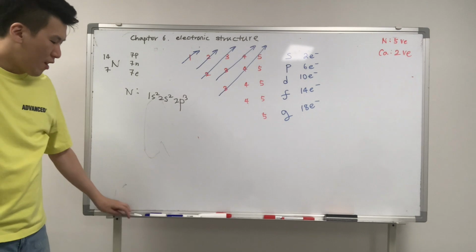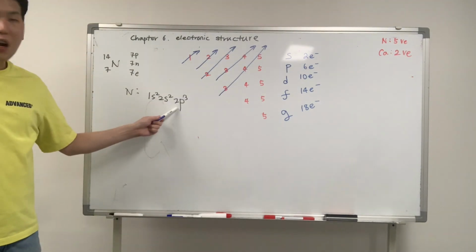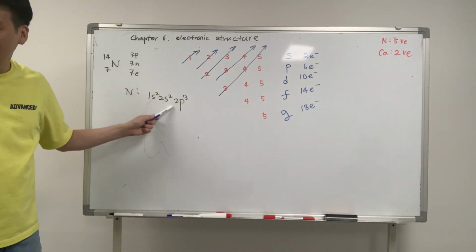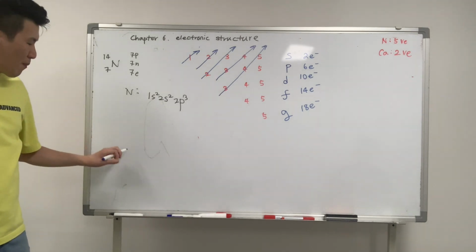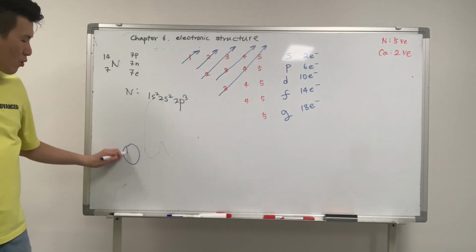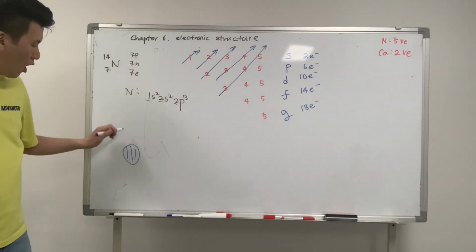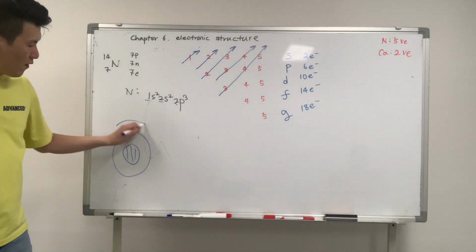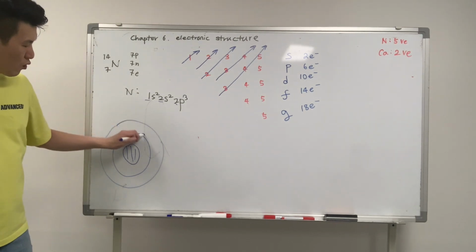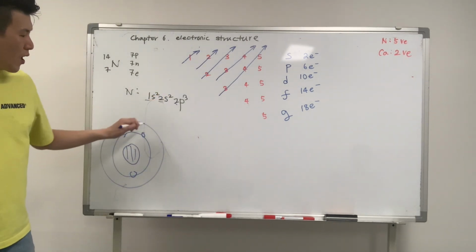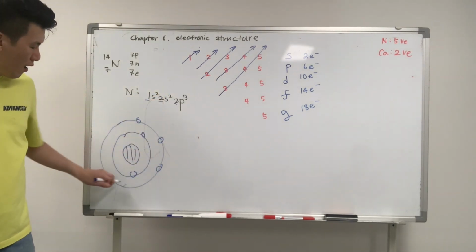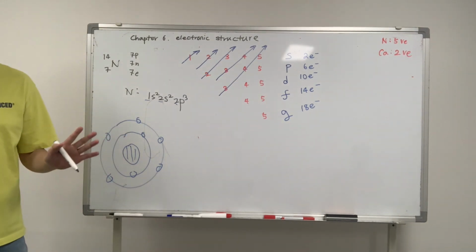Why? These integers are the principal energy level, okay? 그러면 여기 딱 봐봐. 아까 쌤이 we have nucleus. We have 2 energy levels, right? Energy level 1, energy level 2. 1에 2개. Energy level 2, we have 1, 2, 3, 4, 5. That's 5 electrons, right?